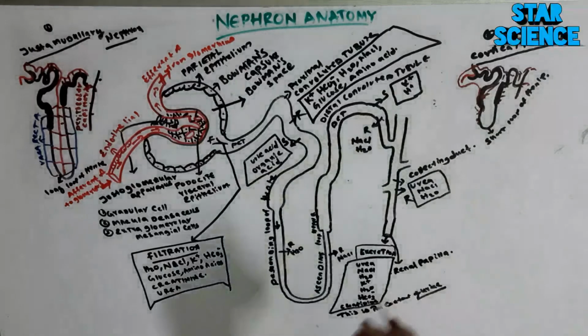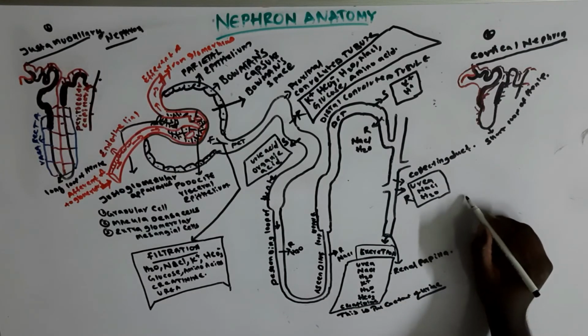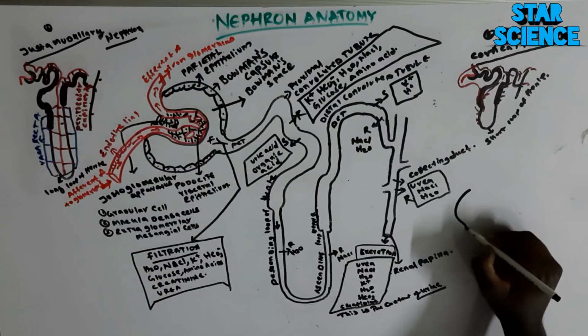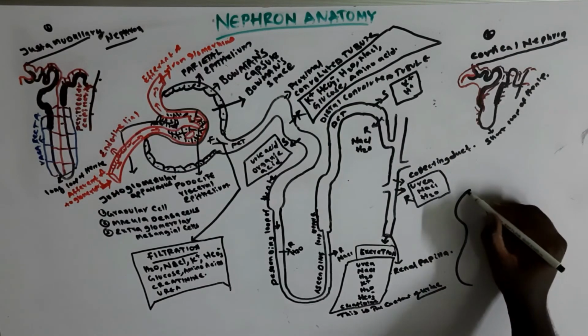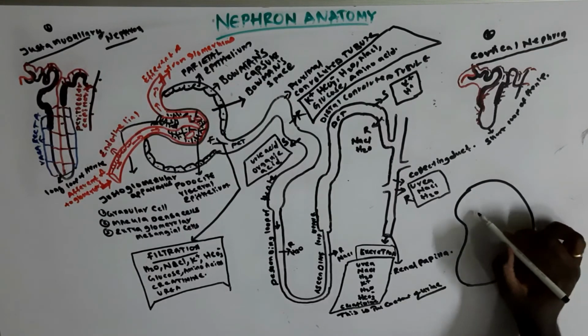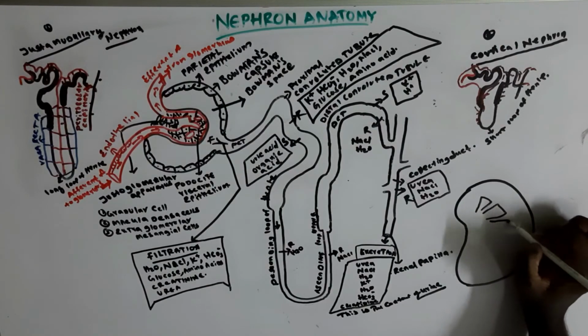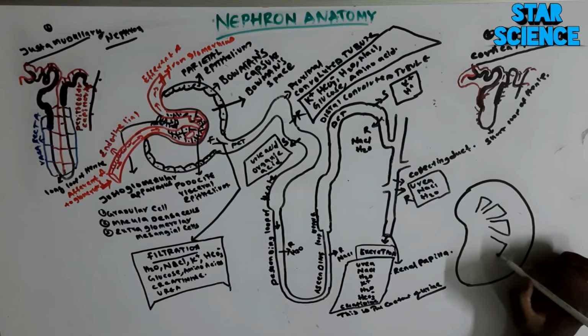Finally, let's go with the kidney structure, not in detail, but I want to show the afferent and efferent, the blood supply from the renal artery, from there to the afferent arteriole, how it reaches, and from the efferent arteriole to the inferior vena cava, how the blood supply from the kidney again reaches the inferior vena cava.